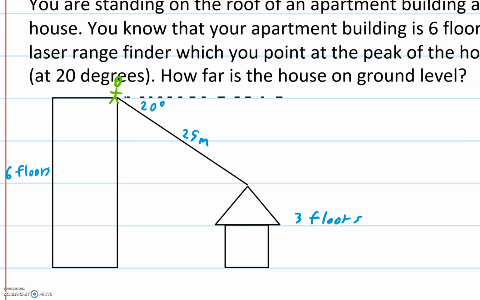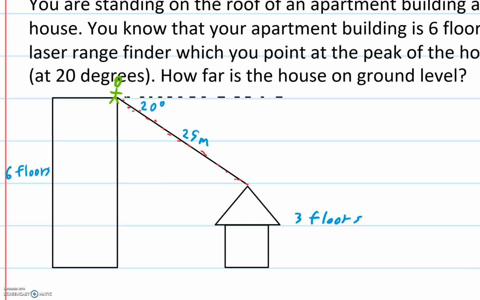But anyways, that's more of a physics topic. They fire the laser down, it gets here, and it bounces back, and it tells them it's 25 meters long. So the question is, how far away are they from the house?